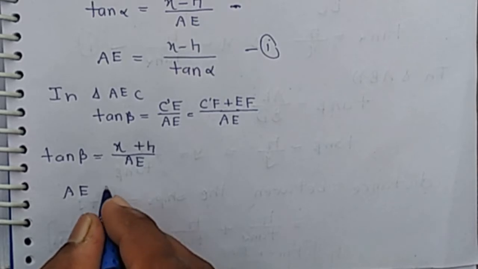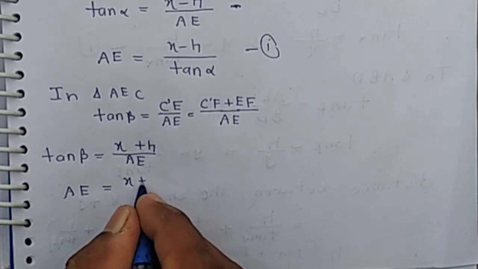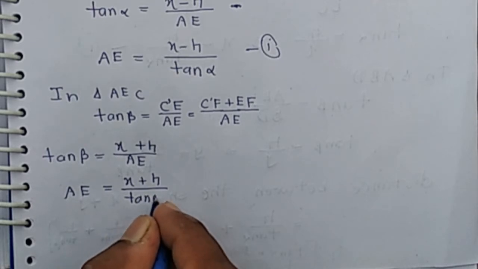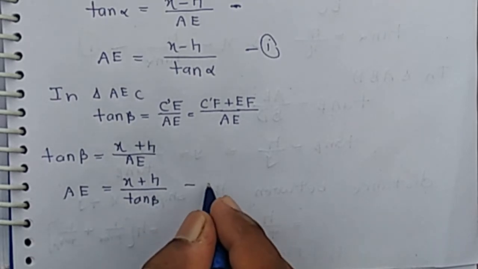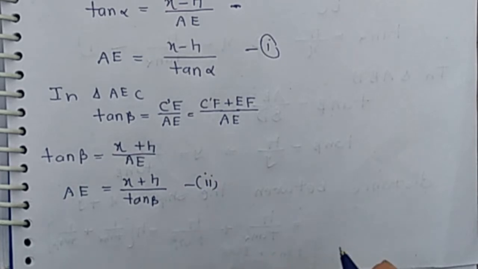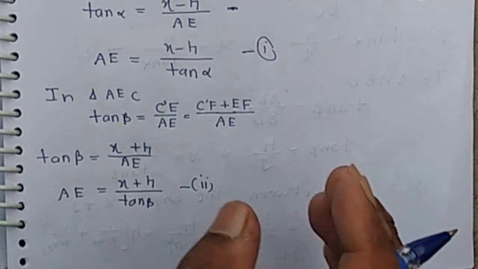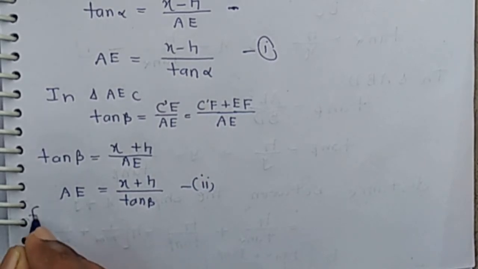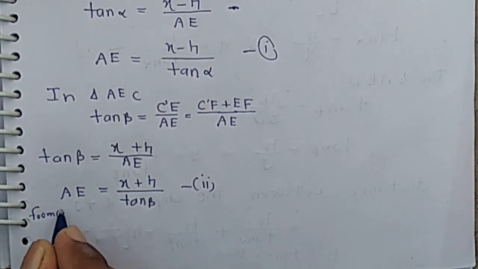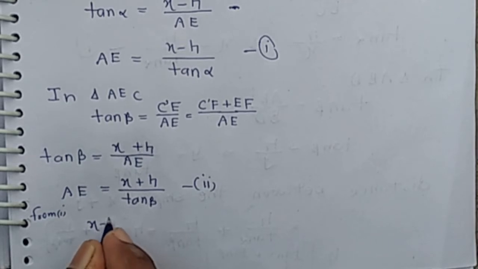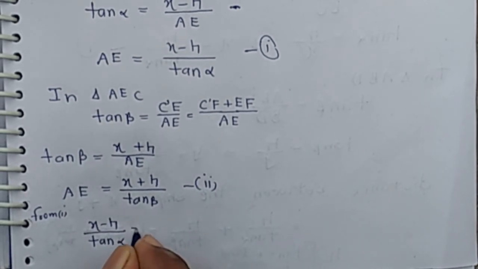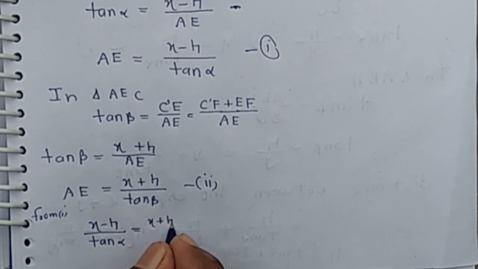AE equals X plus H by tan beta. It is our second equation. Put the value of AE from the first equation. We have X minus H by tan alpha equal X plus H by tan beta.